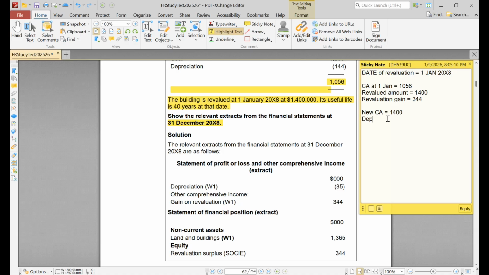Now the depreciation would be on this new carrying amount, which is 1400 divided by the useful life of 40 years. The useful life is 40 years from that date. So the depreciation would be 35.